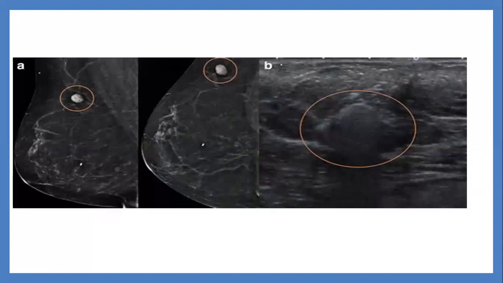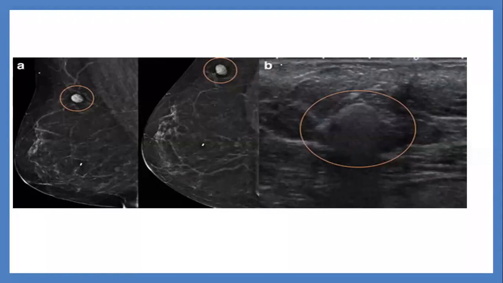Okay, Suhair. A is the mediolateral oblique view of the right breast, and the middle one is the craniocaudal view of the same breast, and B is an ultrasound showing a well-defined, circumscribed, oval-shaped mass at the lateral part of the breast with a central high density region.